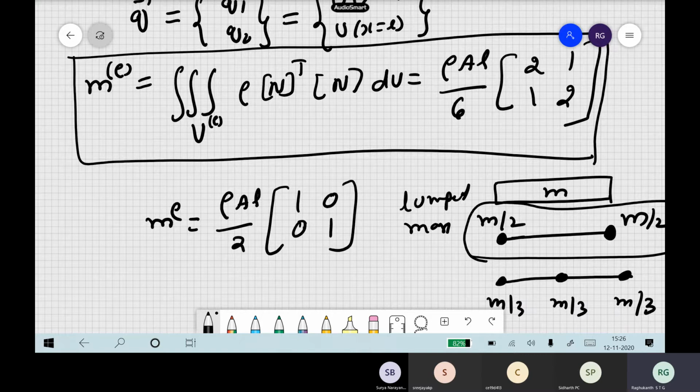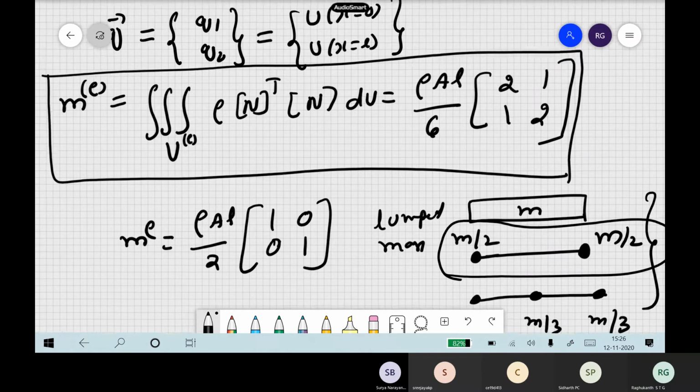Now, which is more advantageous, or which one will you prefer in FEM? Consistent or lumped? Which is advantageous?